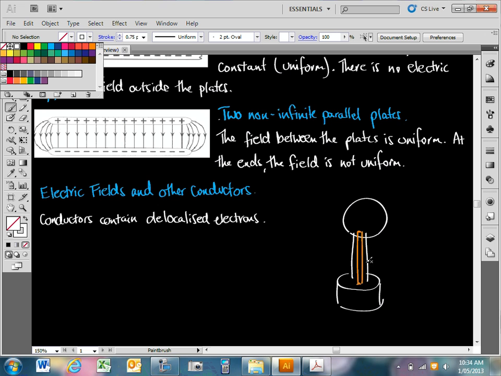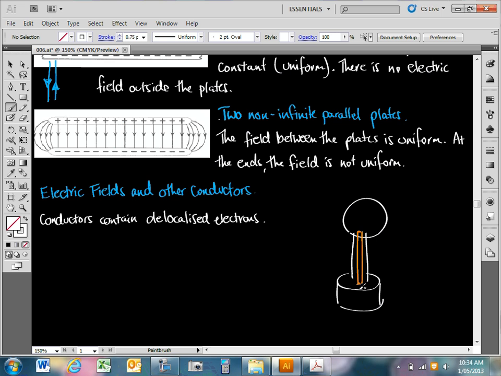It's a very large rubber band, and it rotates. At the base, it rotates very close to something like a comb, or little hairs that allow charge to pass onto the rubber band. And at the top, some other little hairs take that charge and distribute it onto the metal sphere.